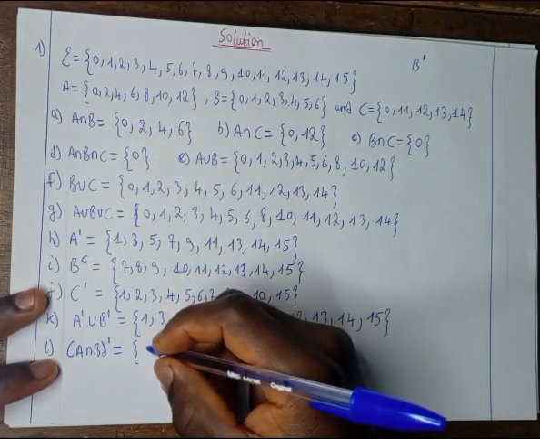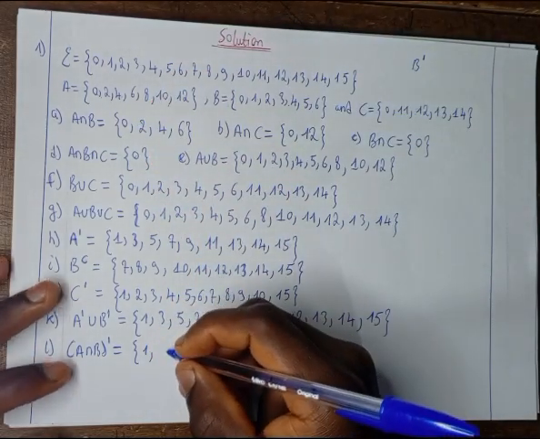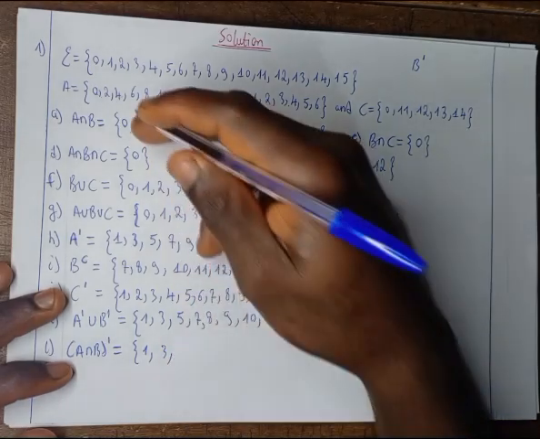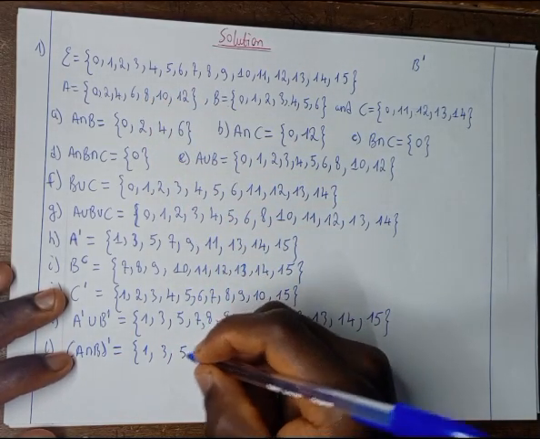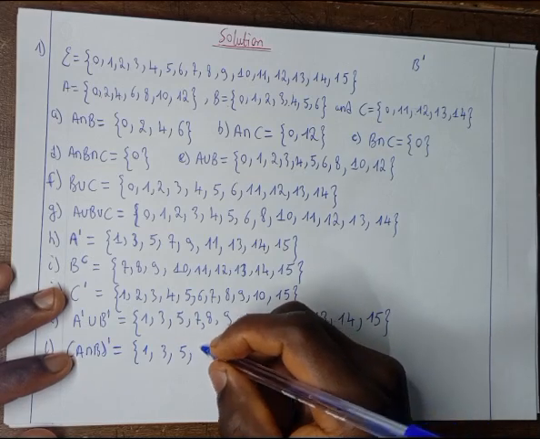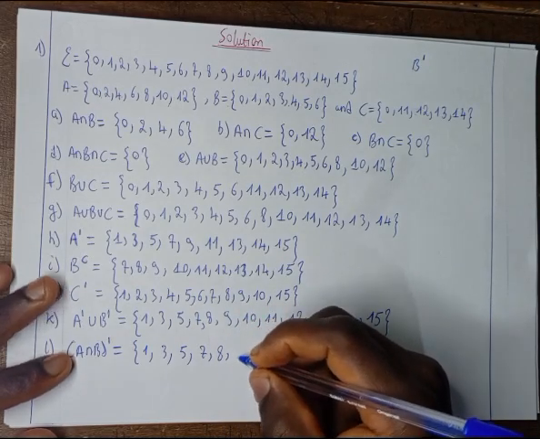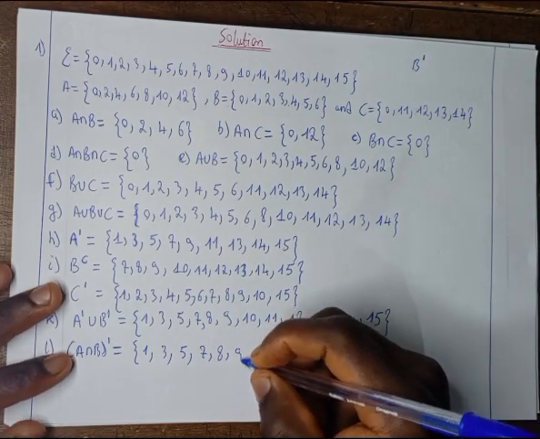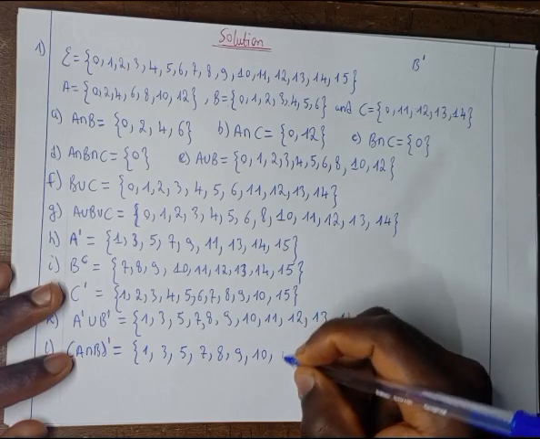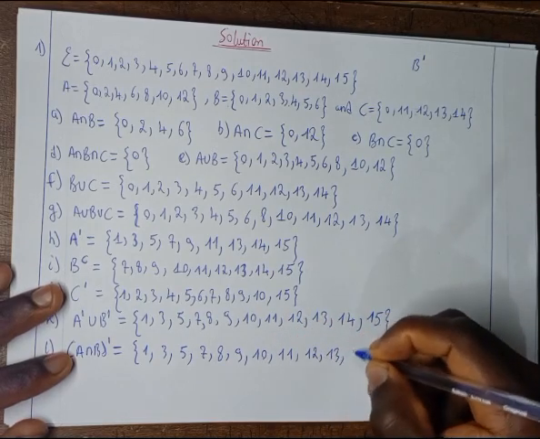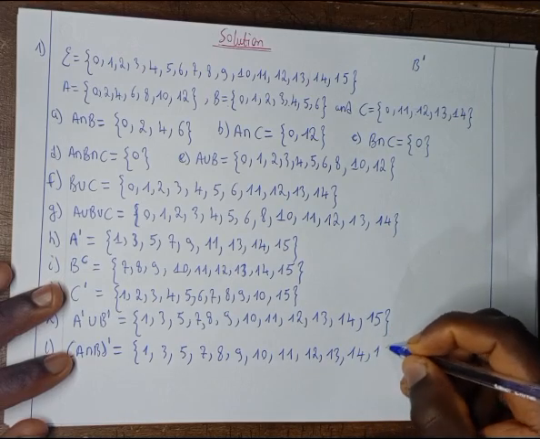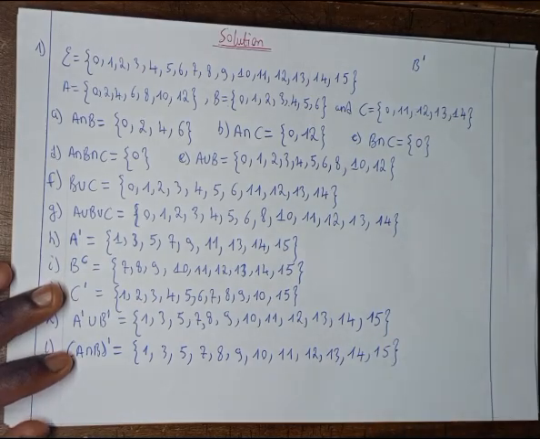So we don't have the element 1. We don't have the element 3. We don't have the element 5. We don't have the element 7. We don't have the element 8. We don't have 9. We don't have 10, 11, 12, 13, 14, and lastly 15.